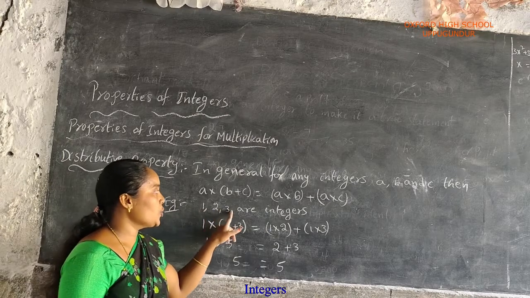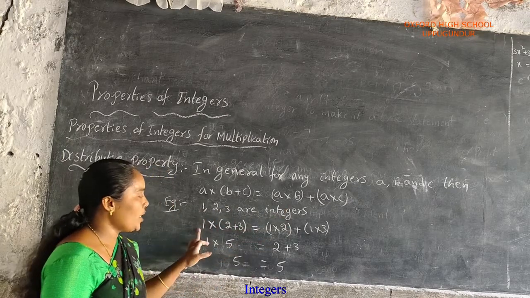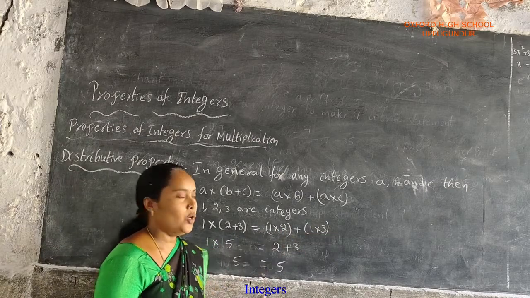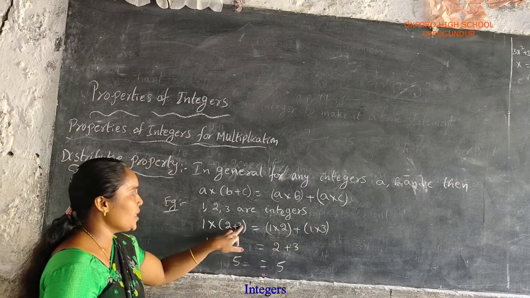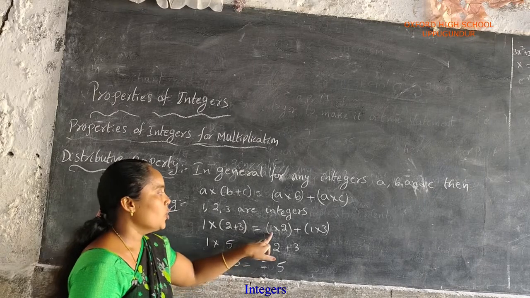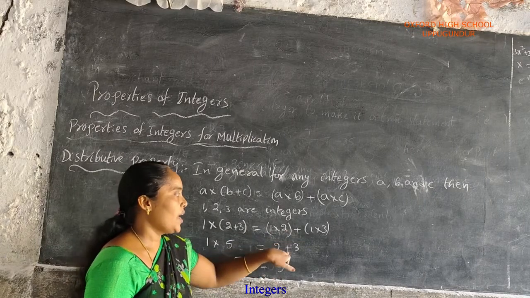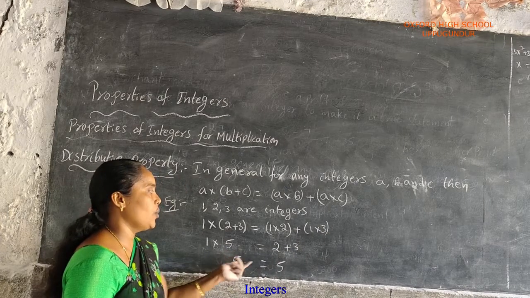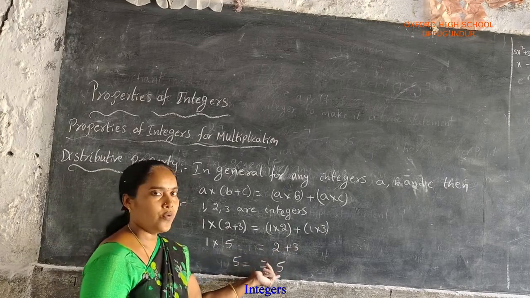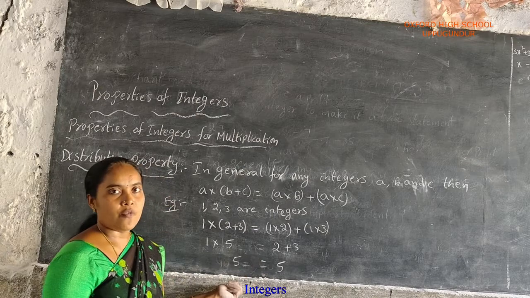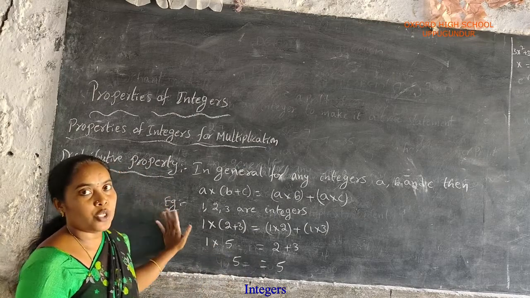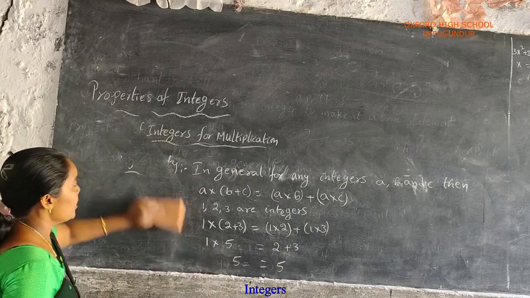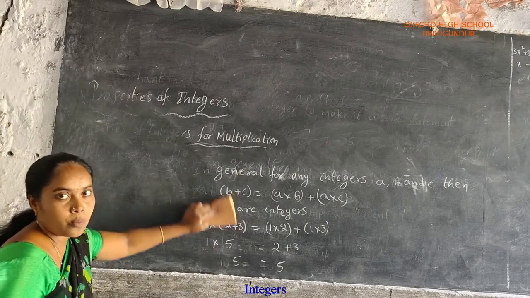Example: 1, 2, 3 are integers. 1 into 2 plus 3 equals 1 into 2 plus 1 into 3. 1 into 5 equals 5, and 2 plus 3 equals 5. So 5 equals 5. Okay, this is the distributive property.